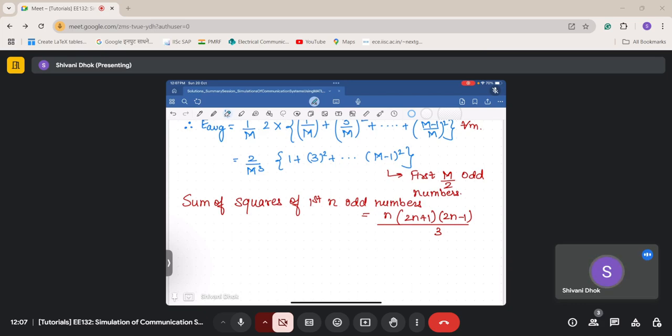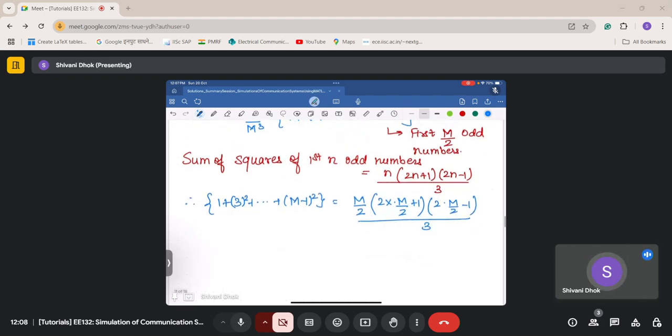Yeah. So therefore, 1 plus 3 square and so on till m minus 1 square will be equal to, these are m by 2, so your little n is m by 2. M by 2 into 2 times m by 2 plus 1, again you have 2 times m by 2 minus 1, divided by 3.